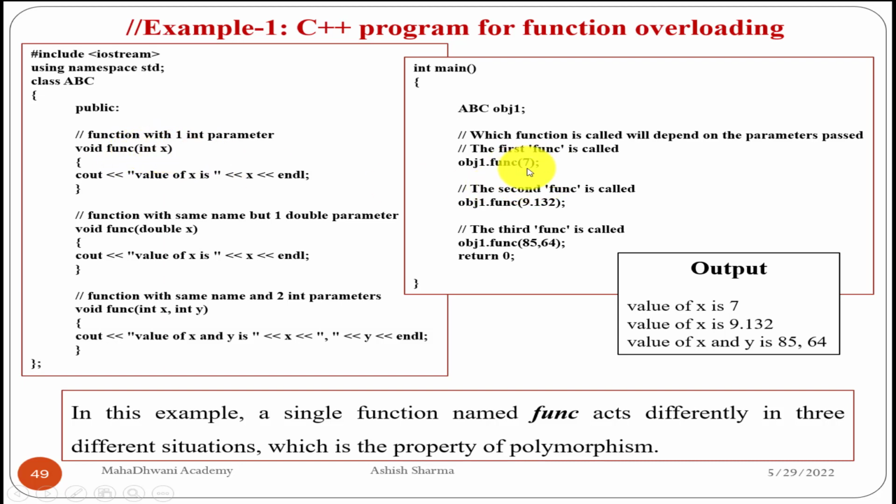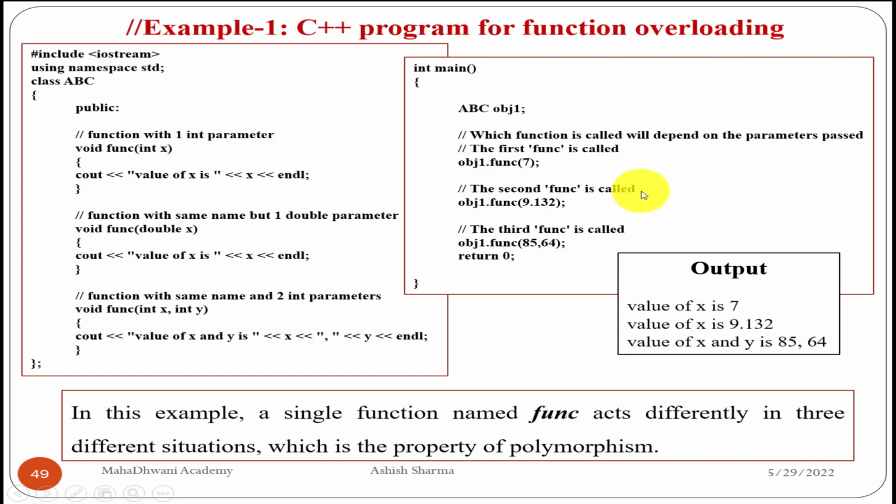So here we pass an integer value, it matches the first function definition, and it will show the result from here. We pass 7, which is initialized to x, and the value of x is shown as a result. So "value of x is 7" is the first output we received.